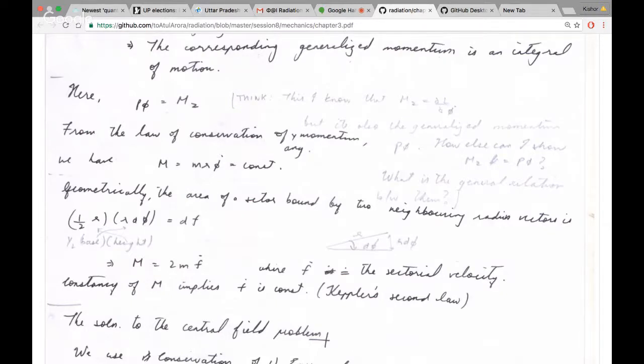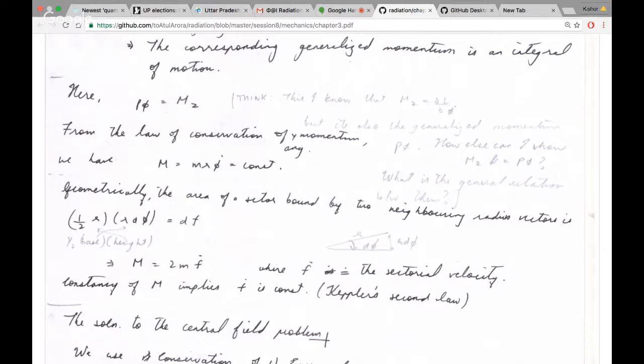So d by dt of r squared phi dot should be 0. I think it comes from the fact that r squared phi dot is constant. So r into d phi by dt equal to constant, so r into d phi equals constant times dt. That constant times dt and the other things we have taken together are called df.